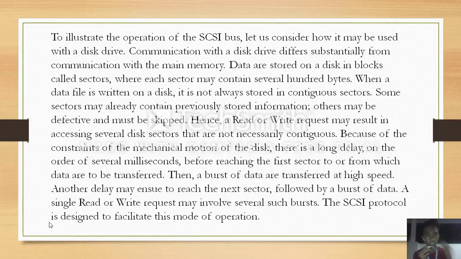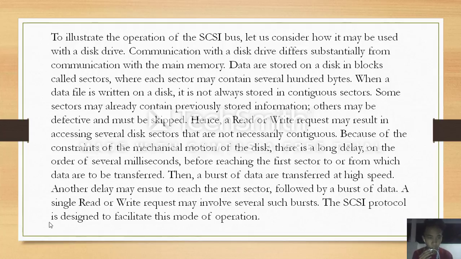When a data file is written on a disk, it is not always stored in contiguous sectors. Some sectors may already contain previously stored information. Others may be defective and must be skipped. Hence, a read or write request may result in accessing several disk sectors that are not necessarily contiguous.